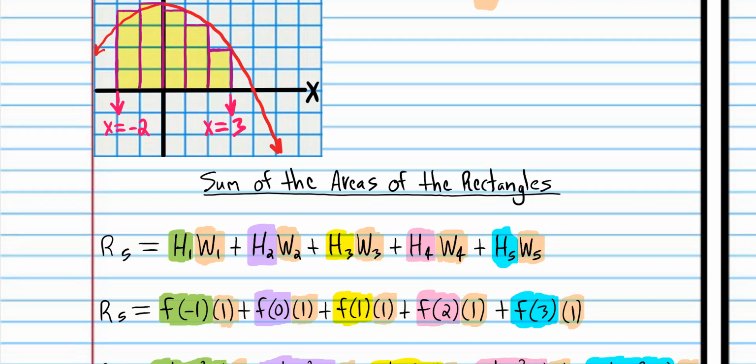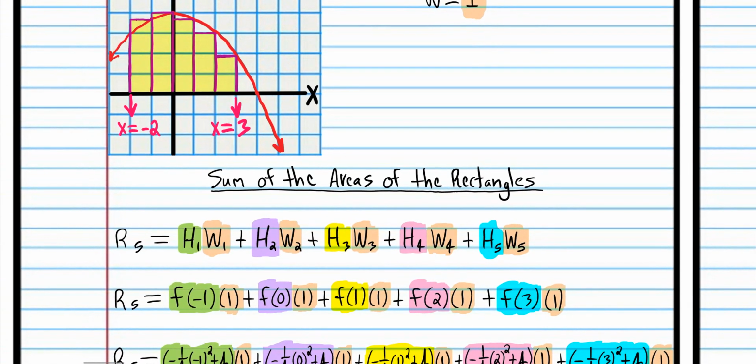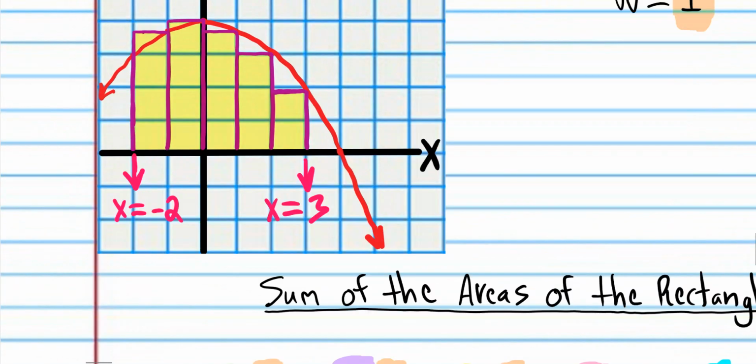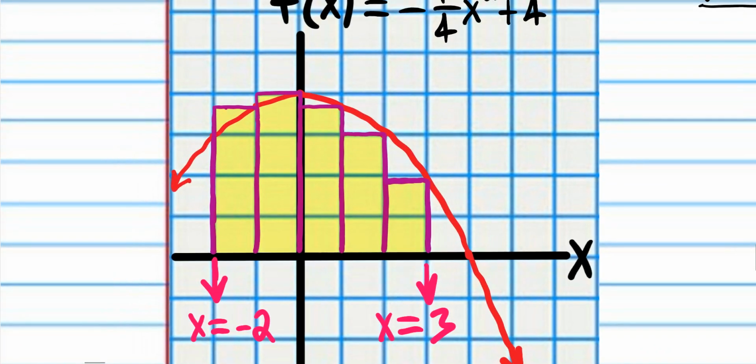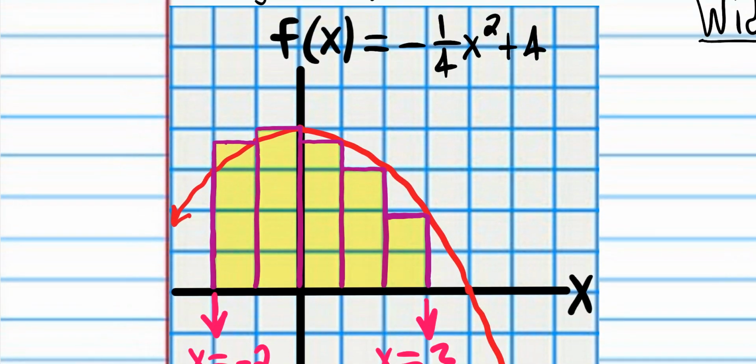And so we're going to do the same thing we did before, except instead of starting with the output given an input of -2, we're going to start by plugging in x equals -1, because this point here, rather than this green point, the black point gives us the height of the first rectangle.